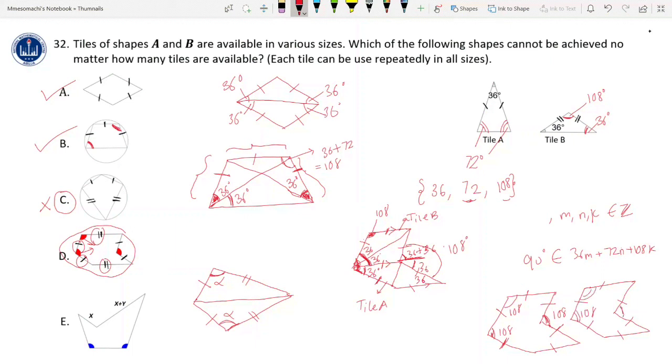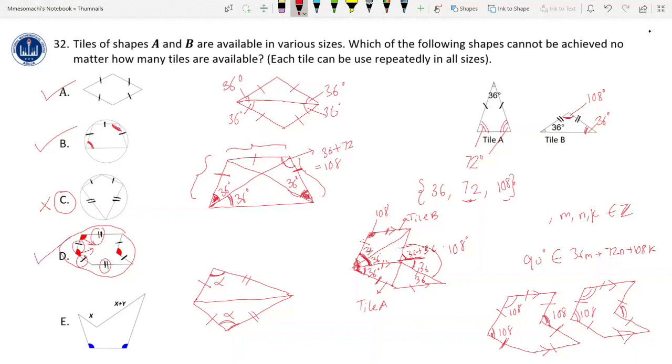And since it's formed by tiles A and tiles B, it's split into two rhombuses. So we have, in fact, that this line is parallel to this line. So it means they can perfectly align to form tile D.